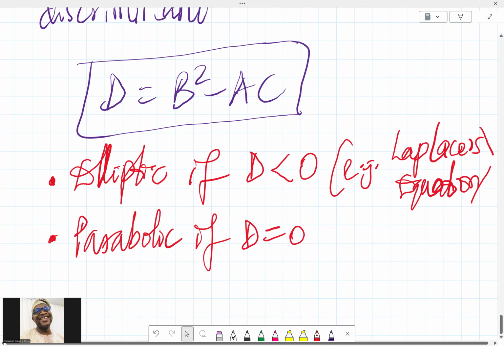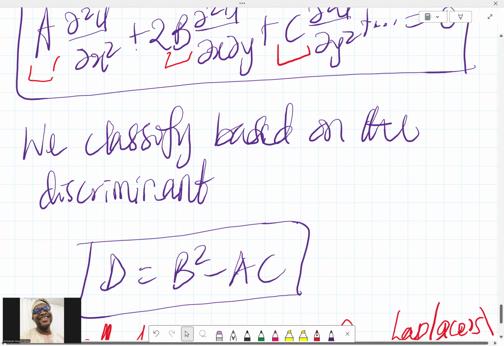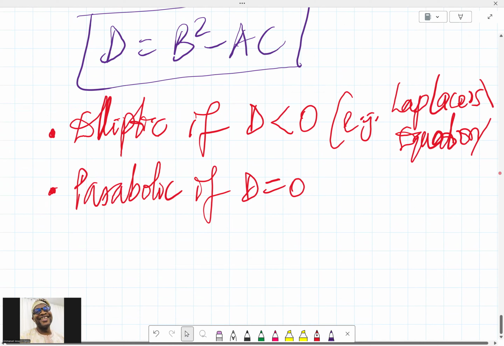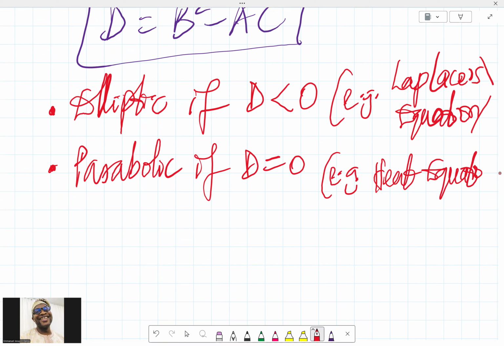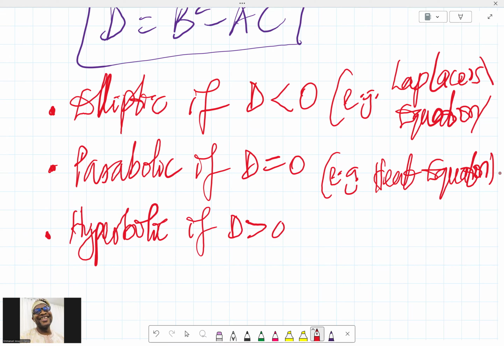It is parabolic if D, when you evaluate it, is equal to 0, and that happens for, say, the heat equation. We also have it being hyperbolic. It's hyperbolic if D is greater than 0, and in that case, we have the wave equation.